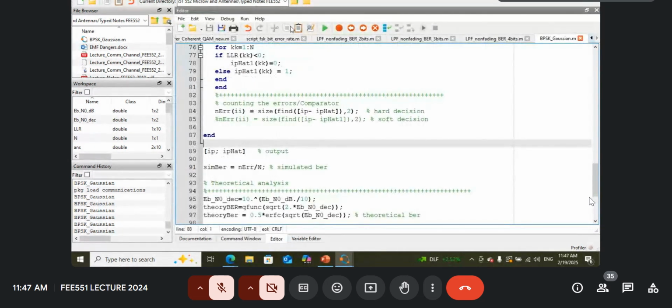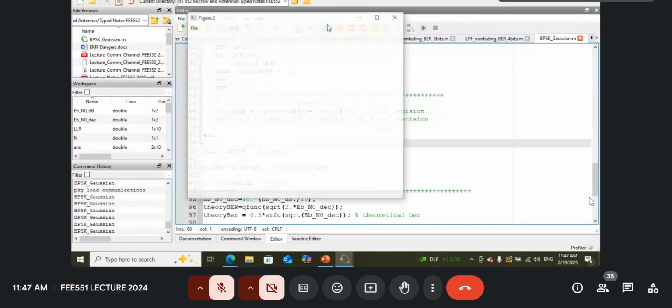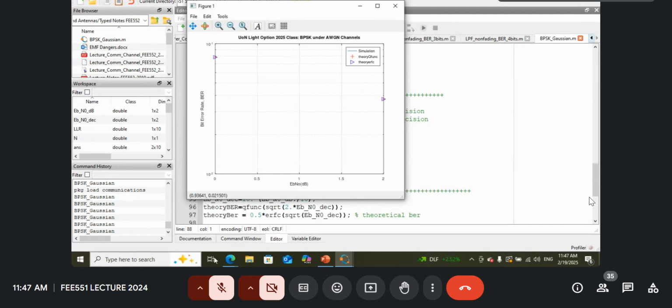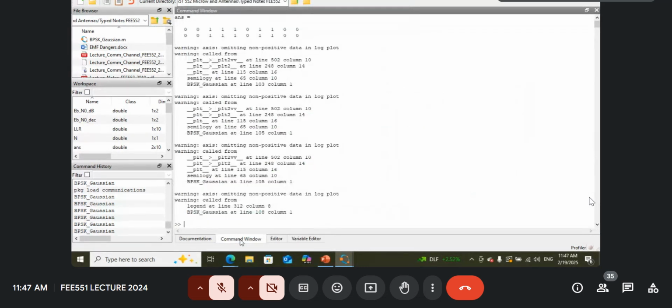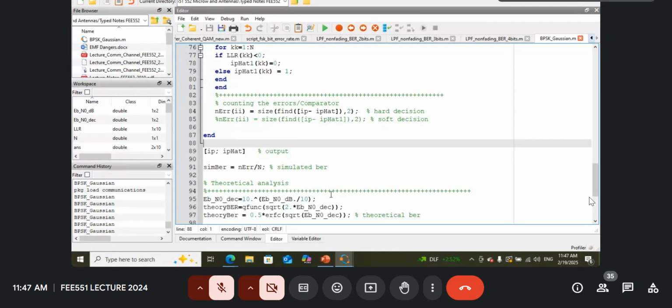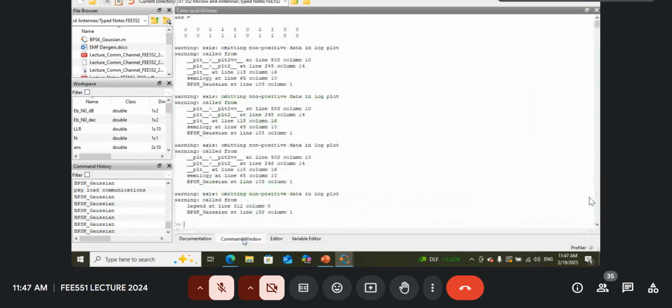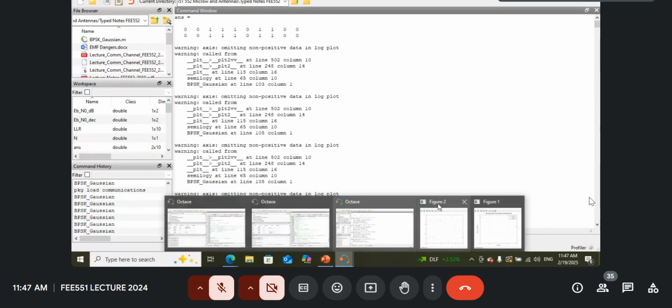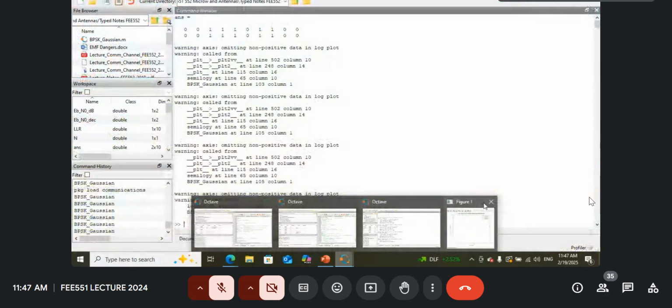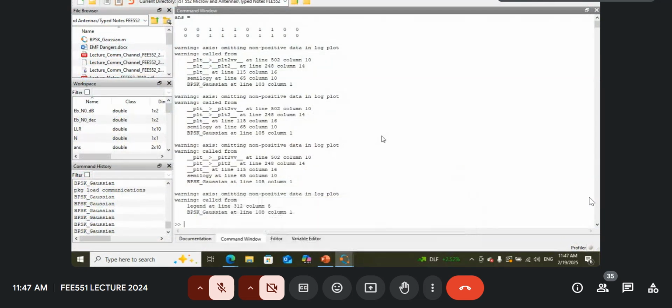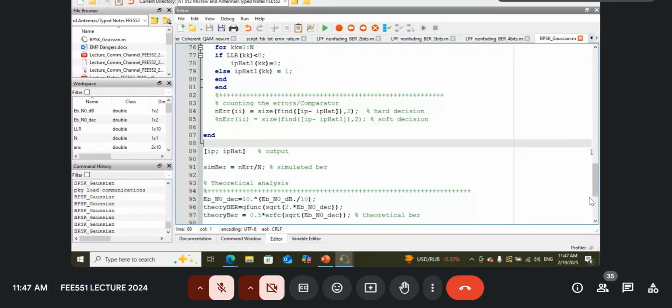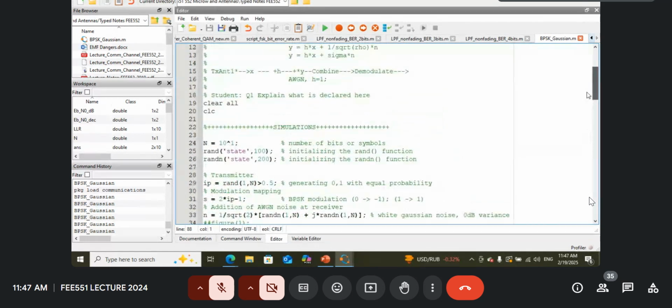Let's try another one, just in case. Let's go to the command window. Is it really changing the randomness? Those are too few for it. Let's see. Go to another power, lower power. Let's do at 0 dB.